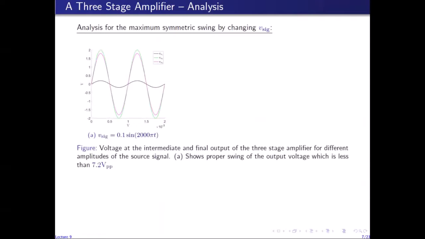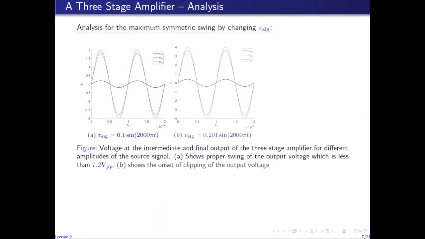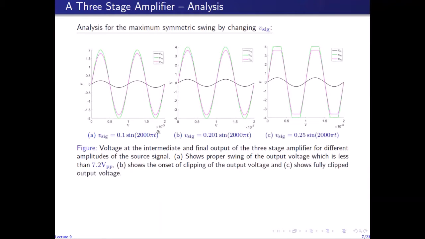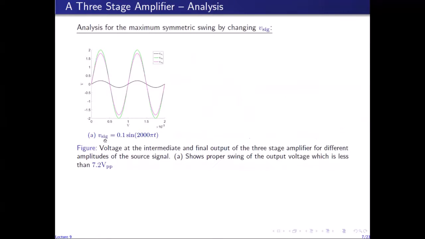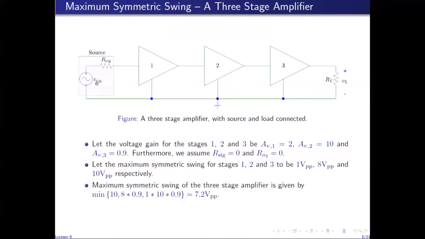In this diagram, I analyze the voltage at the output of stage 1, stage 2, and stage 3, which is given by black, green, and magenta curves, by varying the peak value of the small source signal. I excite this multi-stage amplifier with a sine wave of 1 kilohertz.